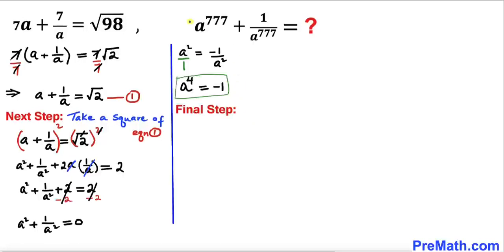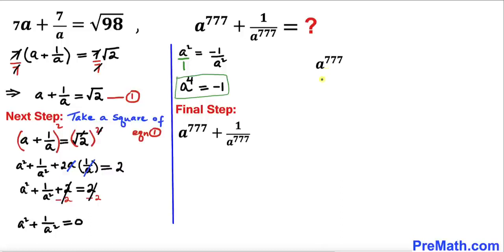Let's focus on this expression. Here I have copied it down. Now we are going to find the value of this expression. Before we do that, let's focus on this a to the power 777. Here I have copied it down, and we are going to manipulate this.